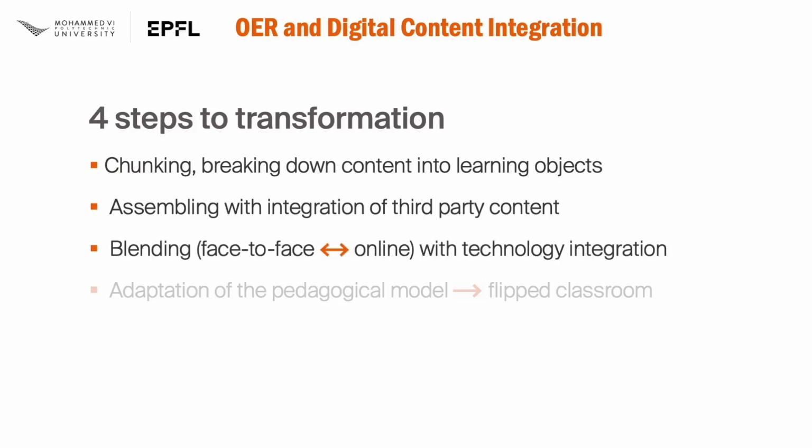Third, decide on the level of blending, or said differently, the level of integration of traditional face-to-face learning with computer or web-mediated learning environments. And fourth, adapt your pedagogical model to suit the flipped classroom configuration.